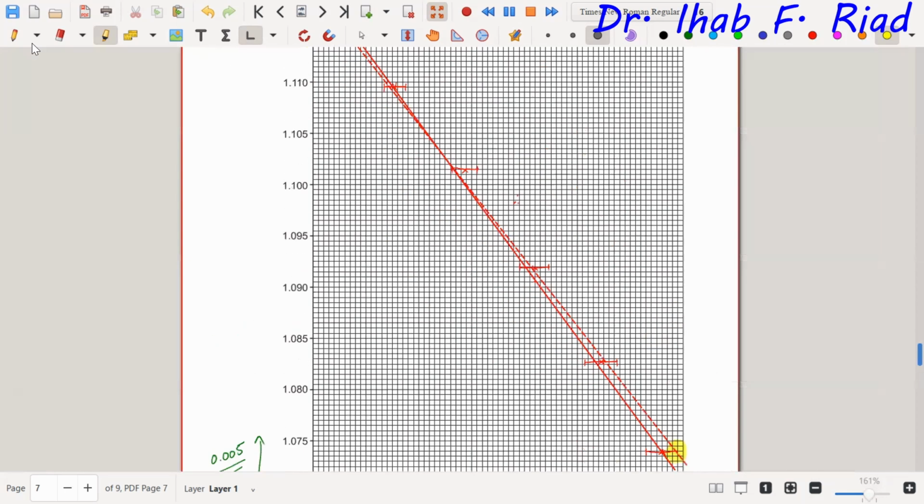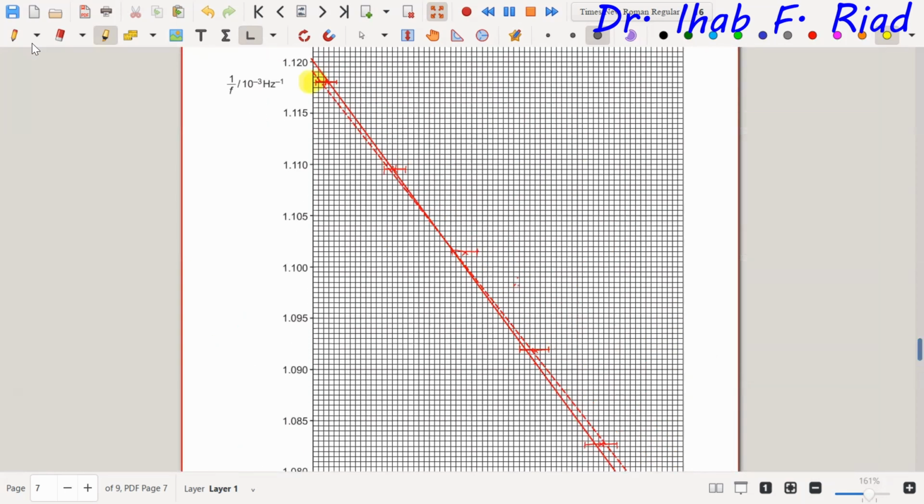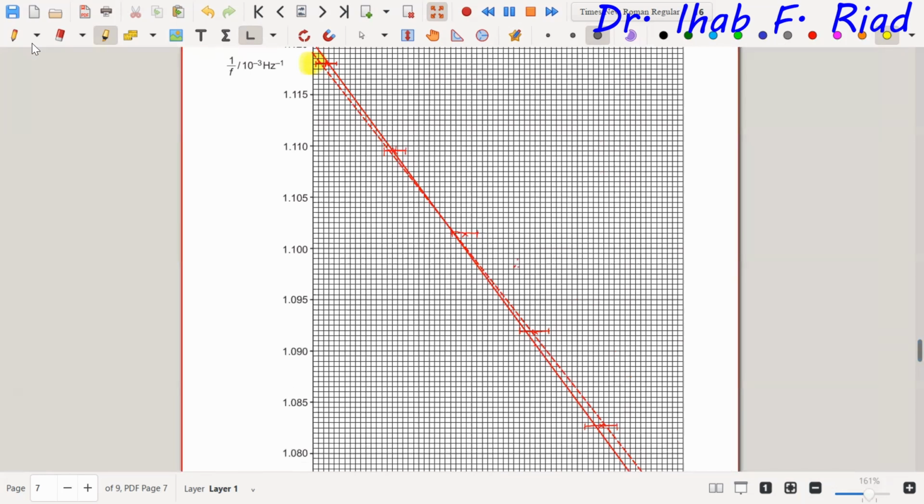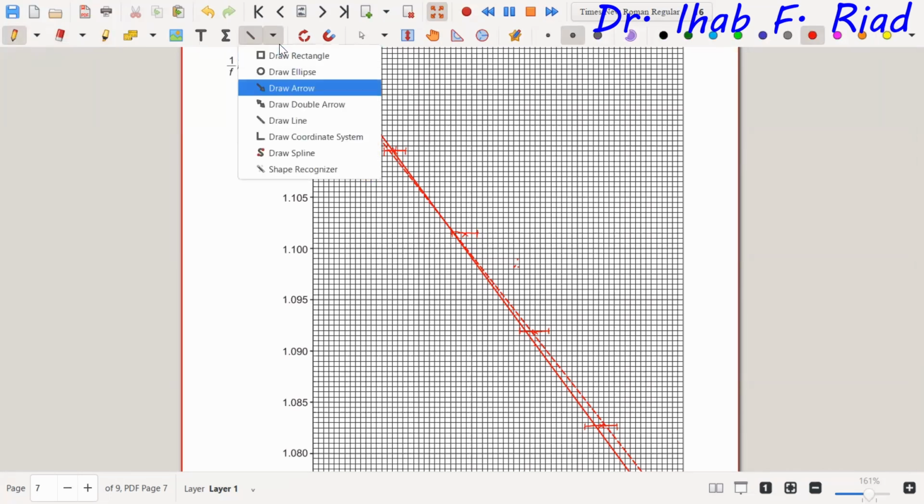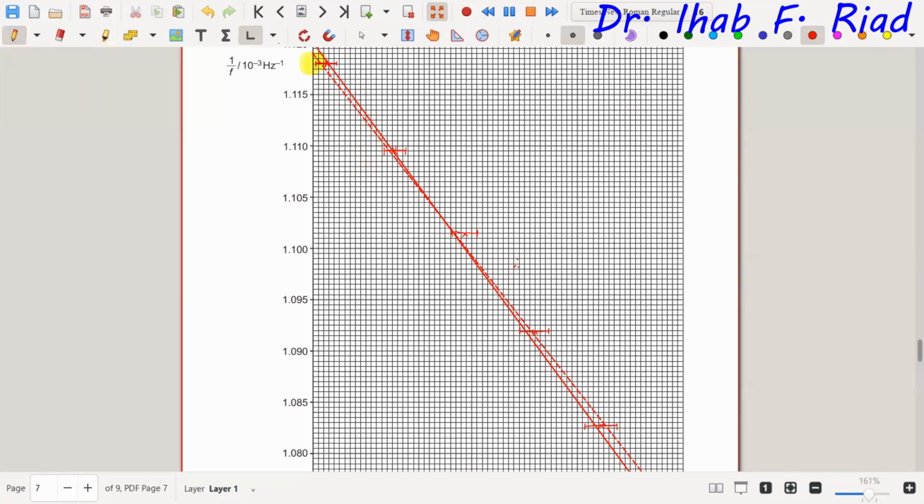Then what is the next step? We should calculate the gradient, one for the best fit and the other for the worst fit. So maybe I can do that.